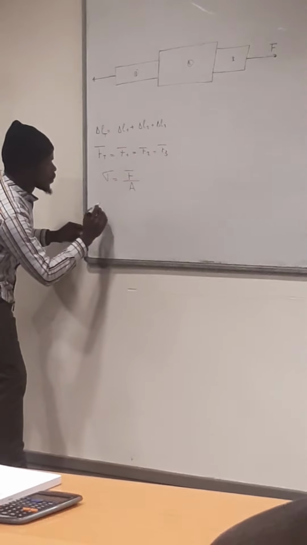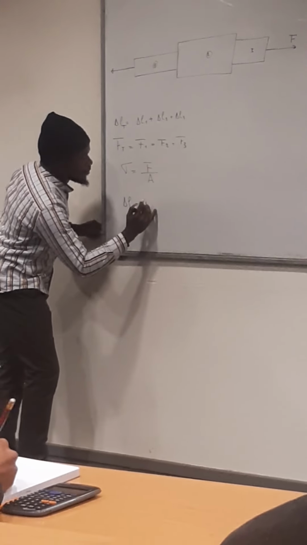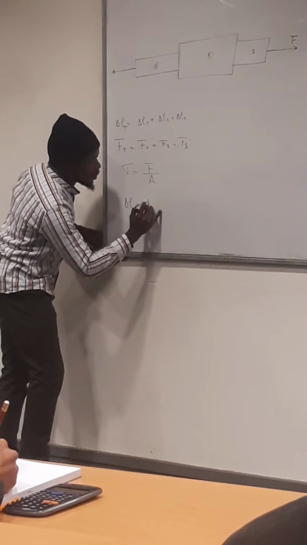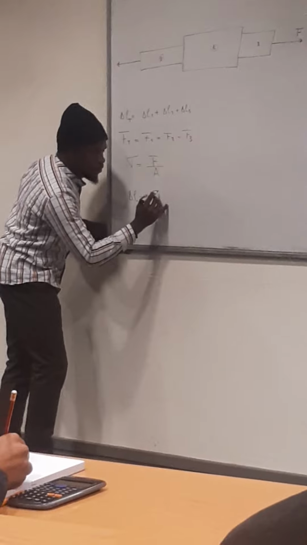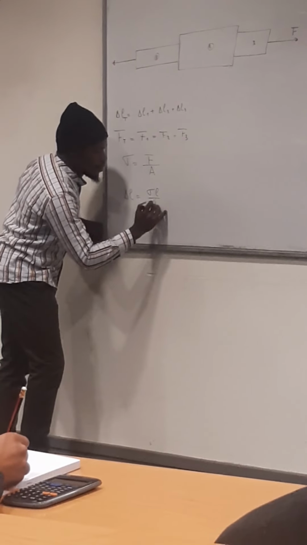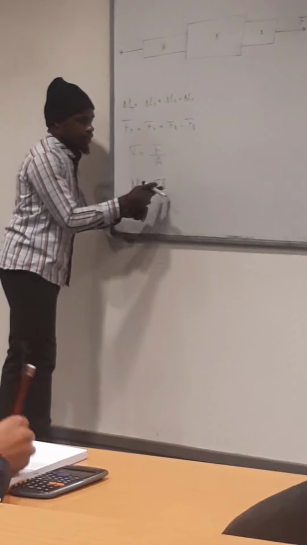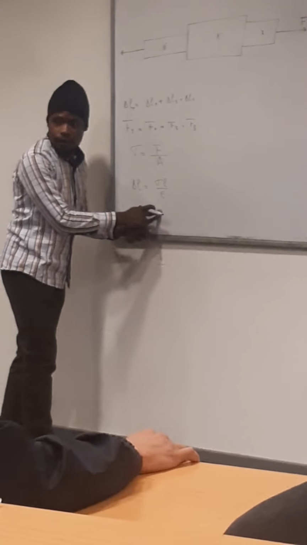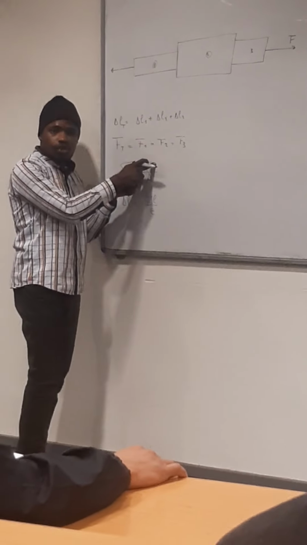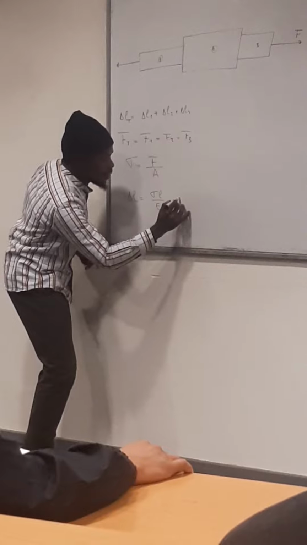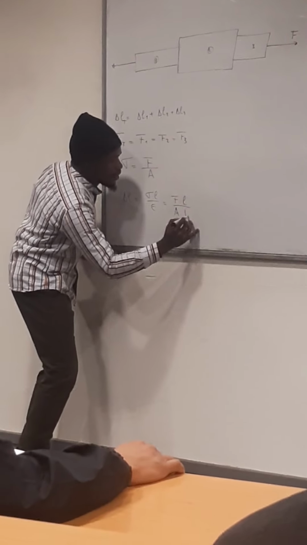Now, please let's also take note that the change in length will be equal to stress times L over E. Now, since the stress is equal to force, which we can also call P, we say force times L over area times E.